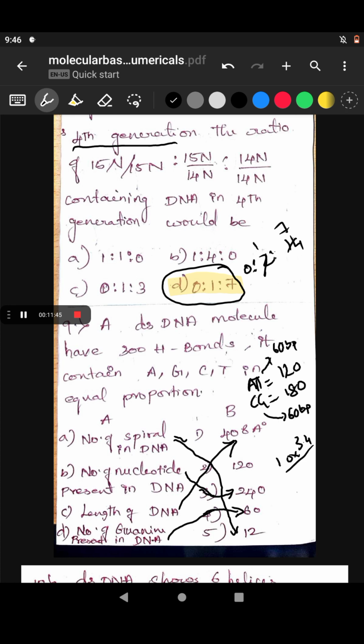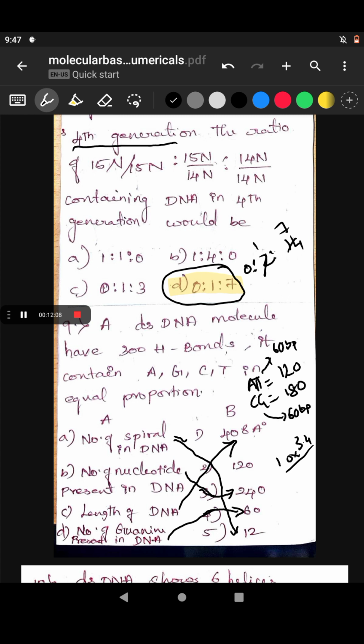Now they have given a match-the-following. The first is the number of spirals in DNA; 12 is the possibility. How did we conclude that there are 12 spirals?